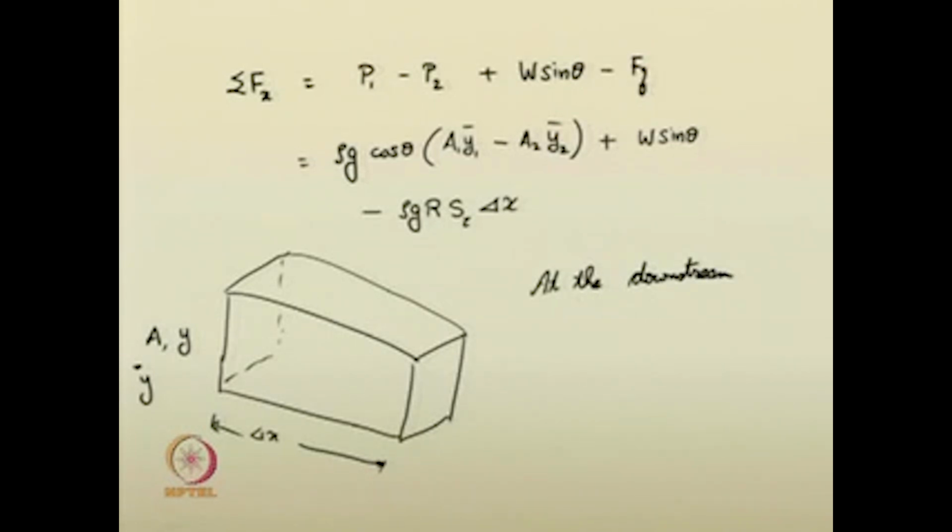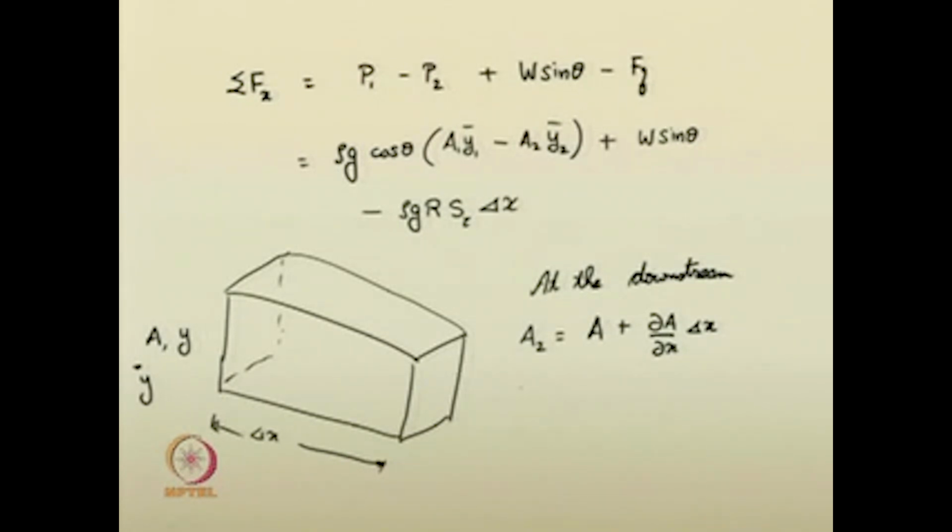At the downstream, A2 is equal to the upstream area plus dou A by dou x into del x, because this area is varying with respect to x only. That means the change in area is a property of x in the flow direction.